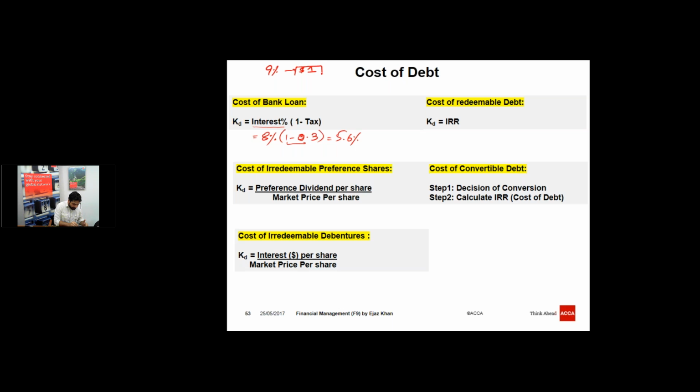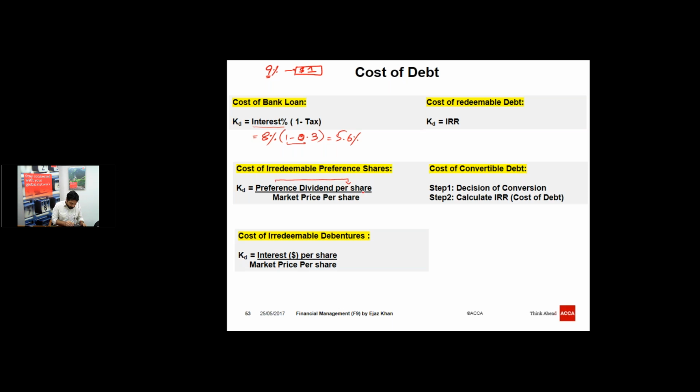Remember, the percentage dividend is always applied to the par value. Never apply it to the market value. So to calculate the preference dividend per share, we multiply the percentage with the par value of the share to get the numerator value.